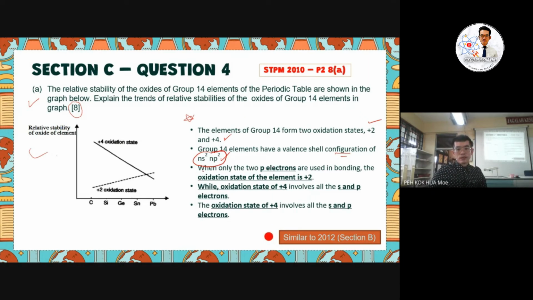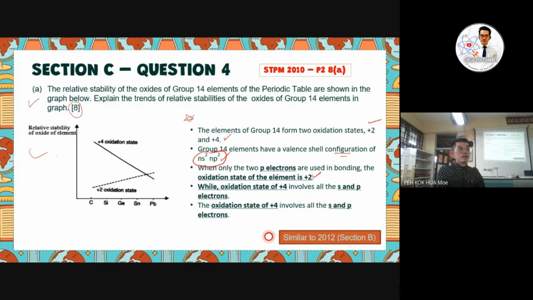So you have to discuss that when only the 2 p electrons are used in bonding, the oxidation state of the element will be +2. Okay, so this one will help you to elaborate. Firstly, discuss the general oxidation states, +2 and +4. Second, discuss the configuration, which is ns2 np2. So why can it become +2 oxidation?